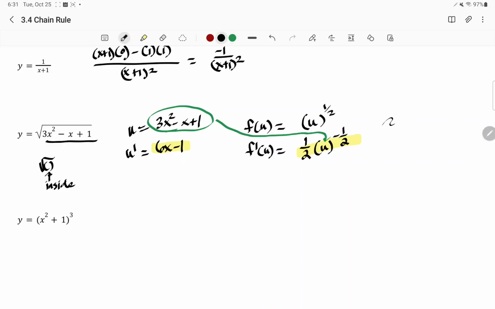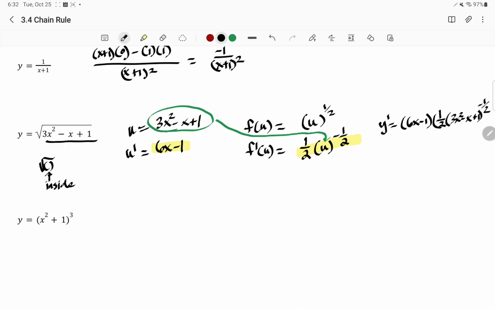So our derivative, y prime, is going to be 6x minus 1 times 1/2, and instead of u, it's going to be the 3x squared minus x plus 1 quantity, no, that's not quantity squared, but to the negative 1/2. At this point you can stop, or let's go ahead and keep going.